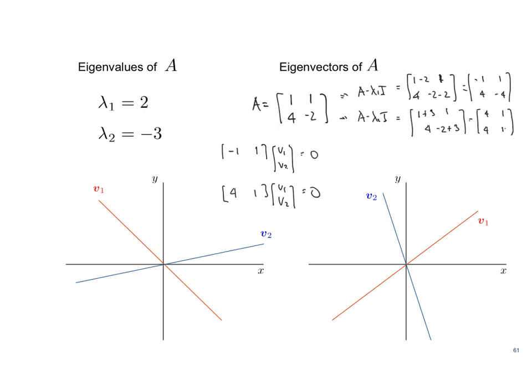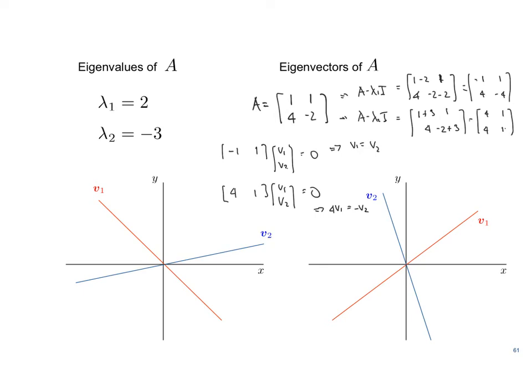Okay, then we have that v1 is equal to v2, and here that 4v1 is equal to minus v2.